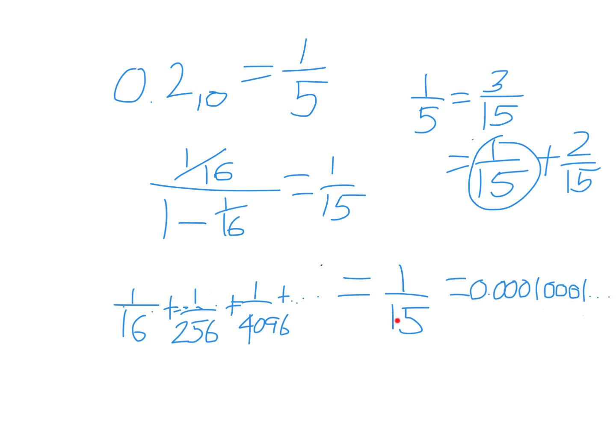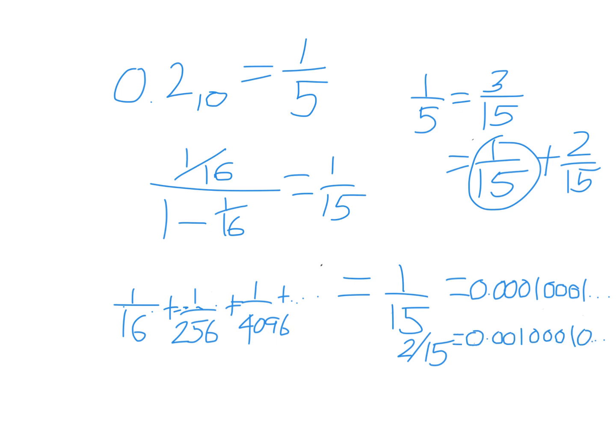We can see 1 over 15 will have a 1 in every fourth column. So that means that for 2 over 15, we can just take our answer and times by 2. Now, timesing by 2 in binary is analogous to timesing by 10 in base 10. We just move the decimal point 1 spot to the right.